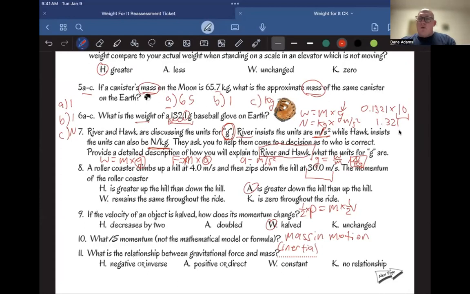Number 10, I think, also brought out quite a few misconceptions. Ask yourself this question. Does an object need a force on it to have momentum? Does an object need weight to have momentum? The answer is no. Momentum is a property of that object, and it is due to the object's motion.